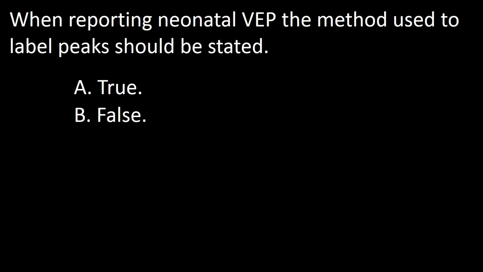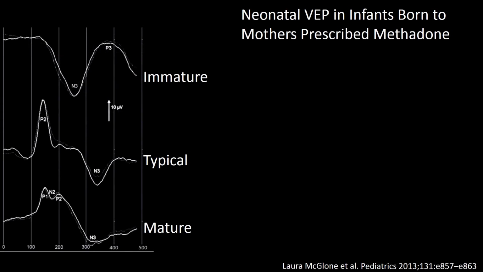Next question. When reporting neonatal VEP, the method used to label peaks should be stated. A, true. B, false. I hope you remember this tracing from a recent question. Notice that the peak indicated by the arrow is labeled N3 and not N1, despite being the first noticeable peak.